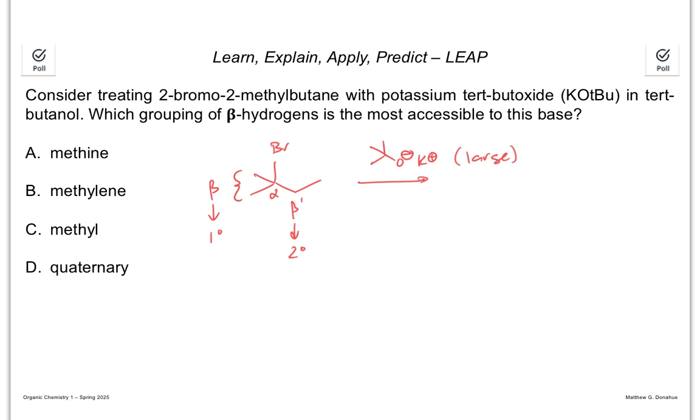We have a large base, so we want to go over the more accessible beta hydrogens. Those would end up being the primaries, and those are classified as methyls. Remember that a CH2 group is called methylene. So potassium tert-butoxide is going to eliminate across the methyl group, so that's where we have to draw our double bond.